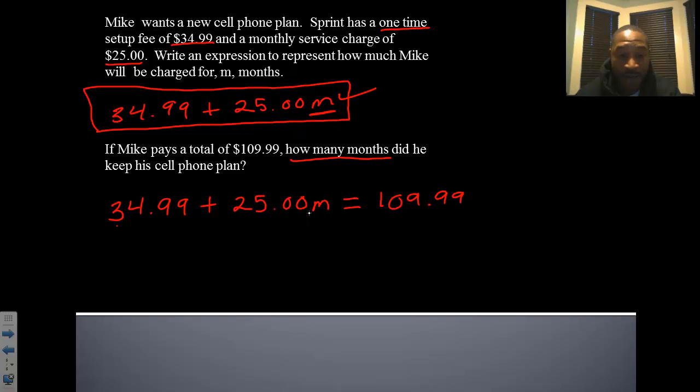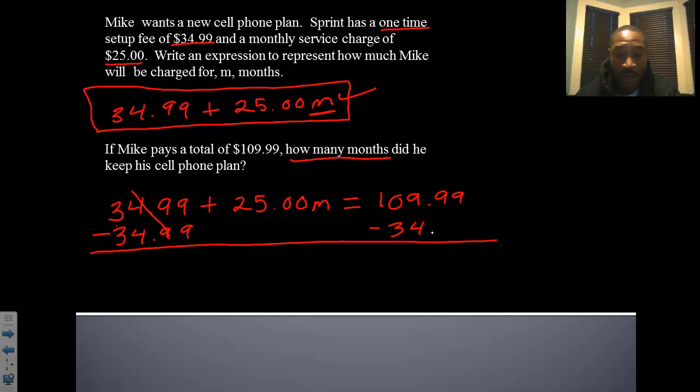This is basic solving equations. So we know I'm going to get rid of my constant first. I'm going to do minus 34.99. I'm going to get my line, and he's gone. Whatever I do to one side, I'm going to do to the other side. 34.99.